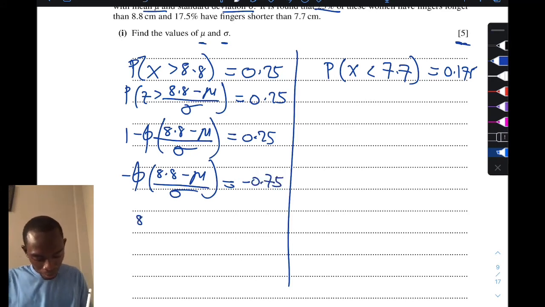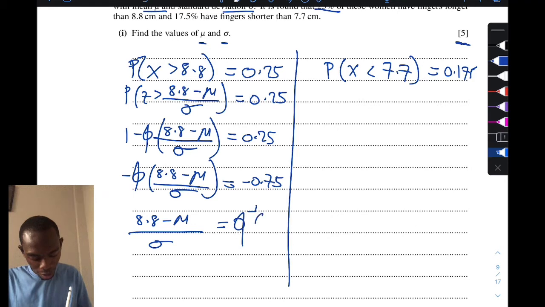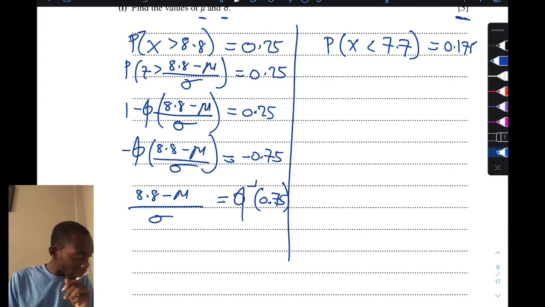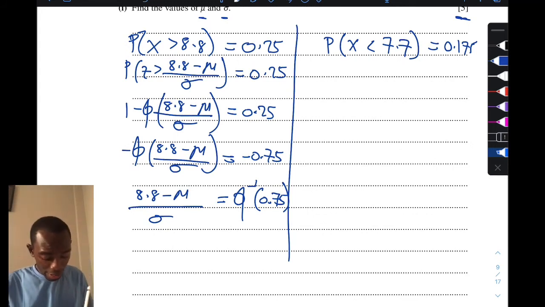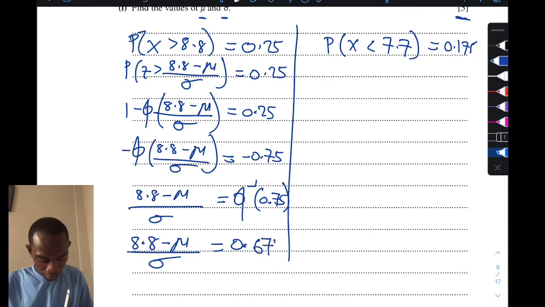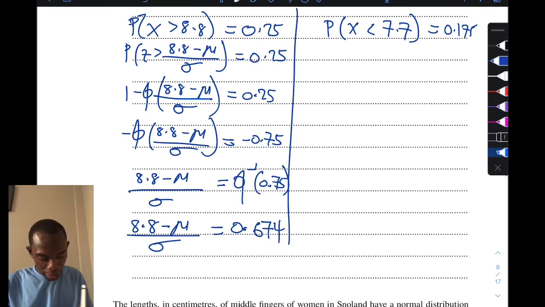So 8.8 minus mu over sigma is equal to phi to negative 1 of 0.75, since the negatives will cancel out. And 0.75, ladies and gentlemen, it's a critical value, so you don't have to worry yourself. You should get 0.674.